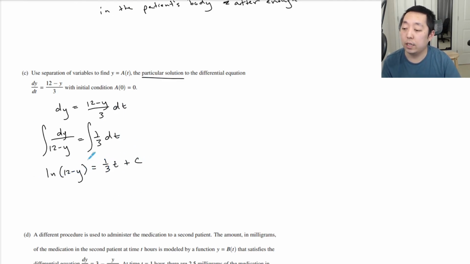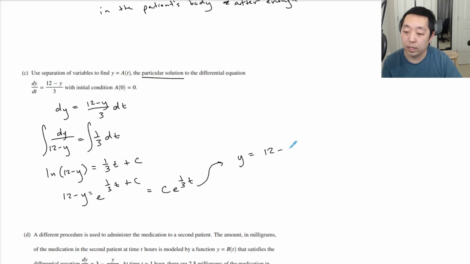Then e to both sides to get rid of the natural log. We're used to writing this as c e to the 1/3 t, which means you can solve for y. y is equal to 12 minus c e to the 1/3 t.